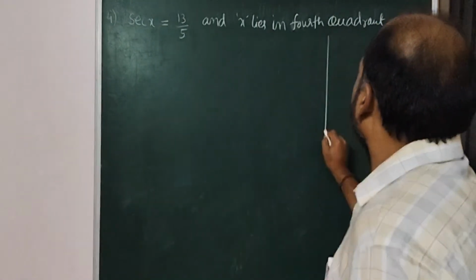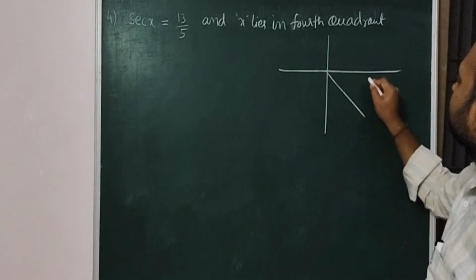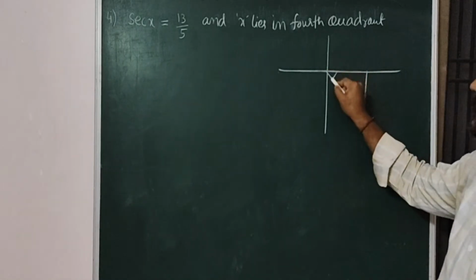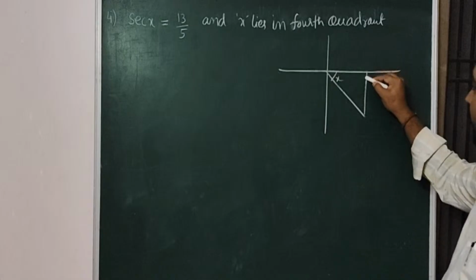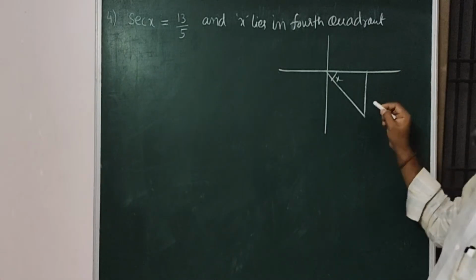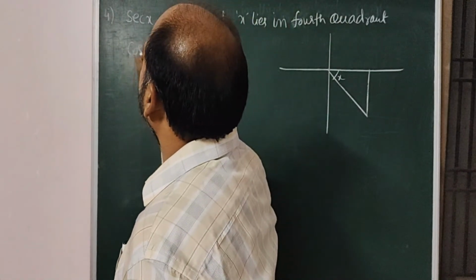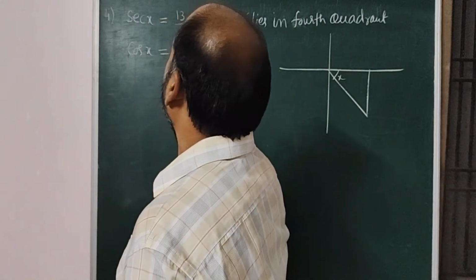In the fourth quadrant, the figure will come like this, dear students. This is the x. This is the negative direction. So secant x, the reciprocal is cos x. It will be 5 by 13, no?